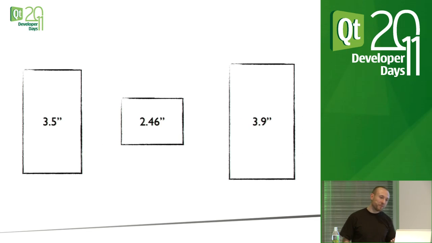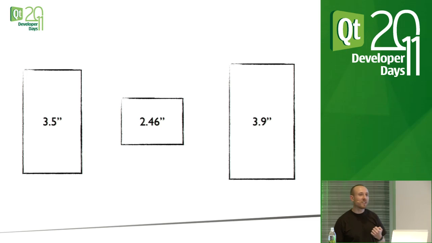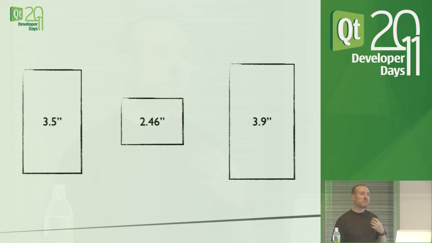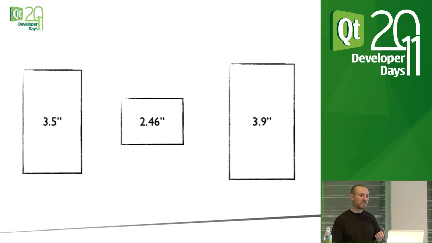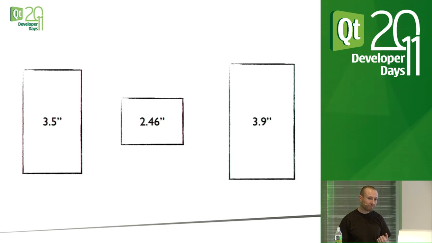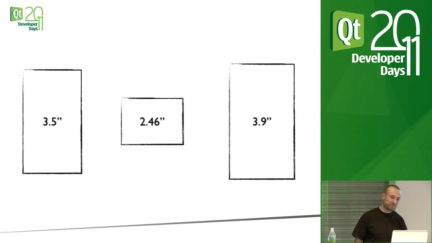There's the problem, though, that even though the pixel sizes are not necessarily that different, the physical size of the screen is very different, especially if you look at the E6 versus both the N9 and the N8. And that leads to some rather funny issues.